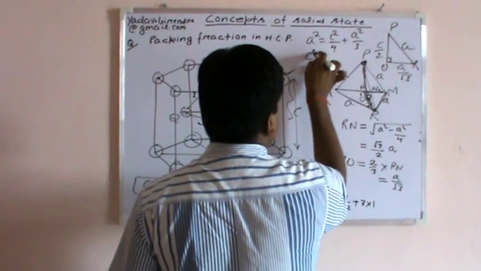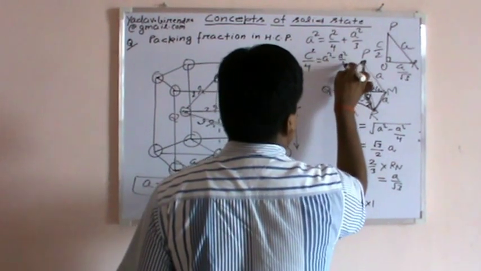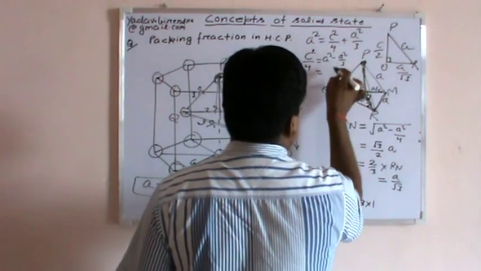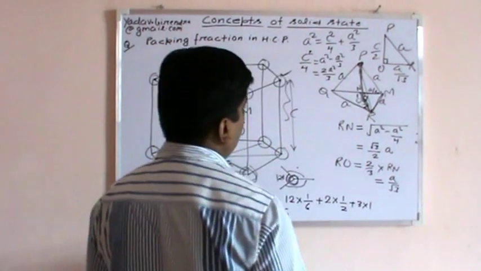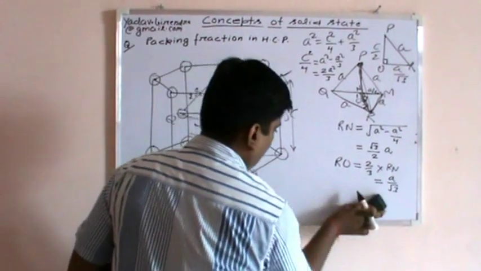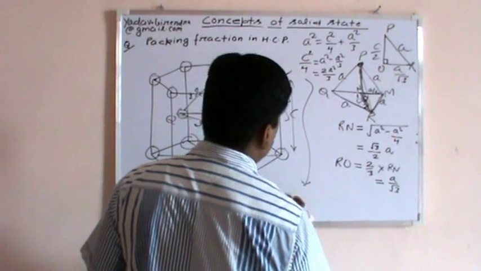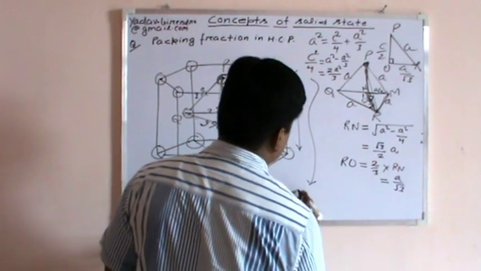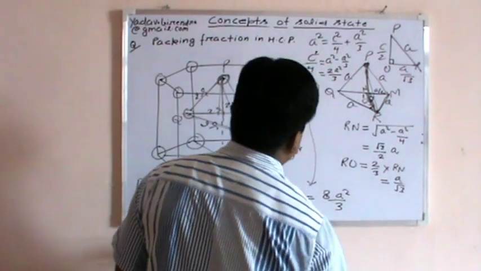So I can write here C square by 4 is equal to A square minus A square by 3. It will be 2A square by 3. So here C square can be written as 8A square by 3.